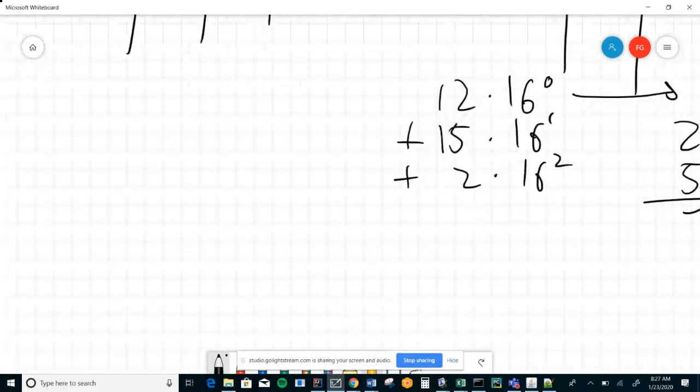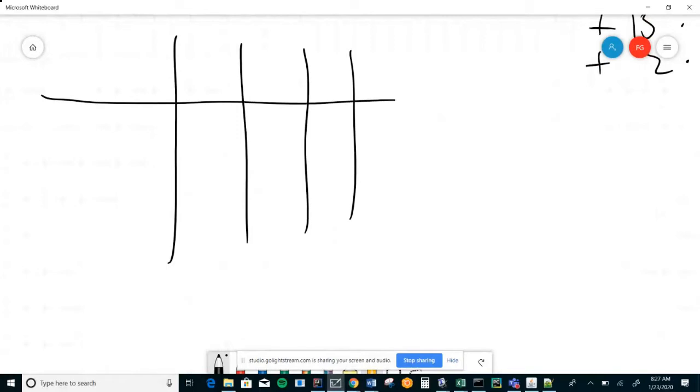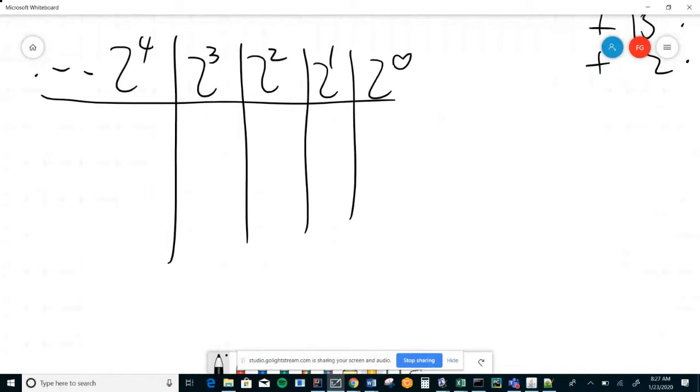So base 2 then. When we're thinking about base 2, it's the same basic idea. Of course, you wind up using a lot more columns. So you have 2 to the 0, 2 to the 1, 2 squared, 2 cubed, 2 to the 4th, and so forth, right?